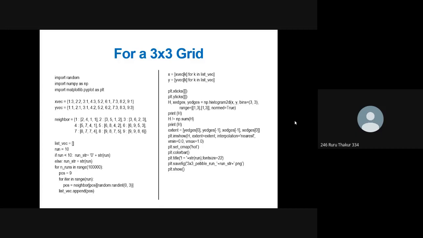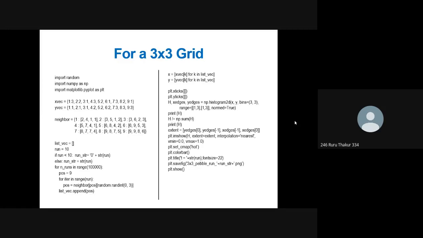So what's gone into our program is first we're importing all the modules that we need, and then we have the x vector and y vector positions that will help us decide what position we're trying to get to. And so neighbor is a list that contains multiple lists consisting of positions.